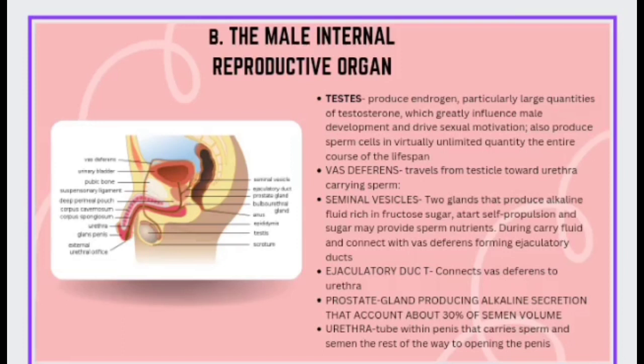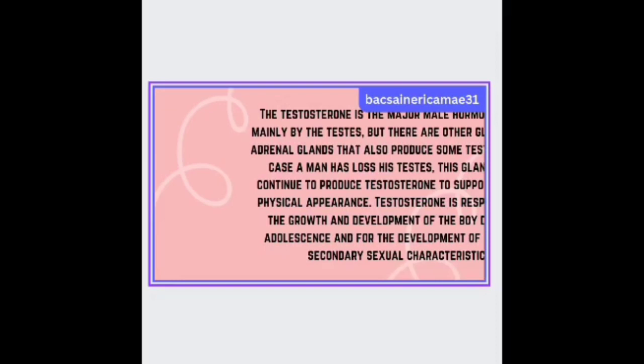Next is the prostate gland. The prostate is a small gland in men that helps make semen. Next is the urethra, the tube that lets urine leave your bladder and body. Next, testosterone is a major male hormone, produced mainly by the testes.